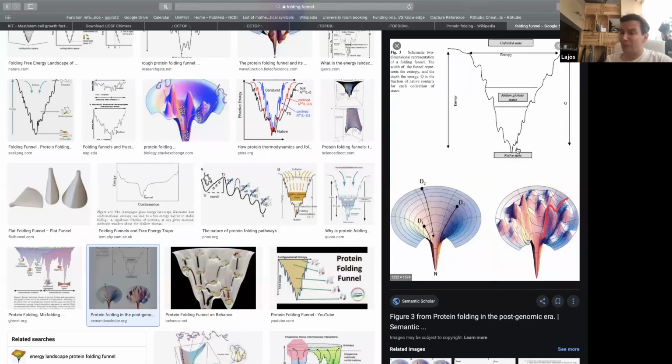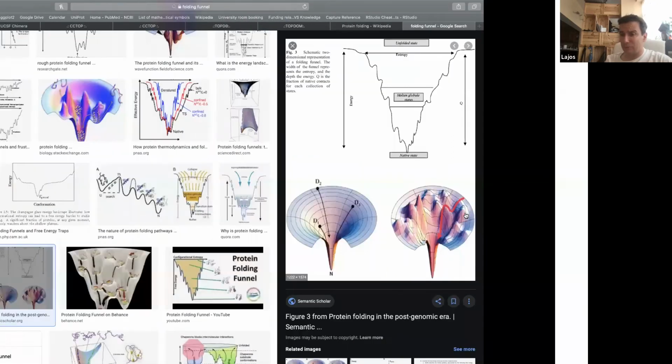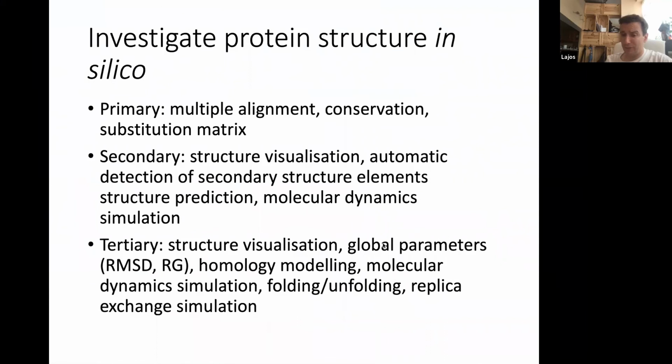And these intermediate states are sometimes very important. So simulating unfolding is not the same thing as looking at the folding, unluckily. But there is a way we can deal with this, and this I will also speak about. This is the replica exchange molecular dynamics simulation.